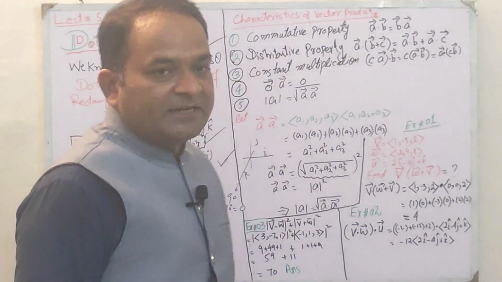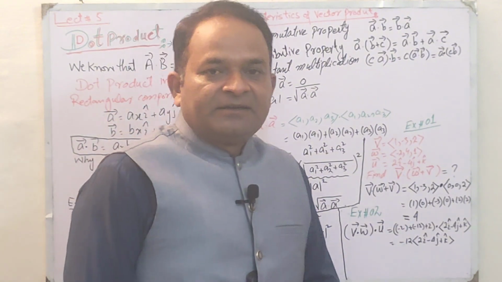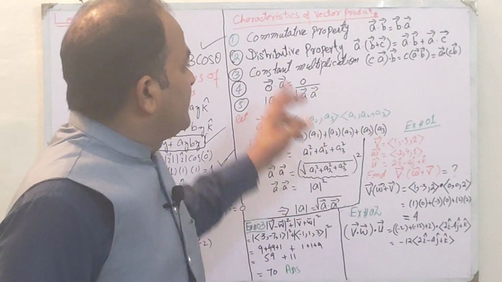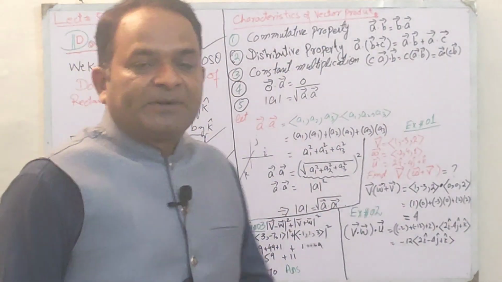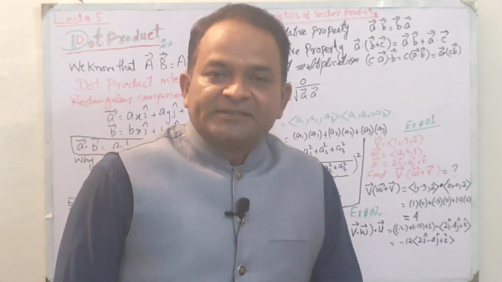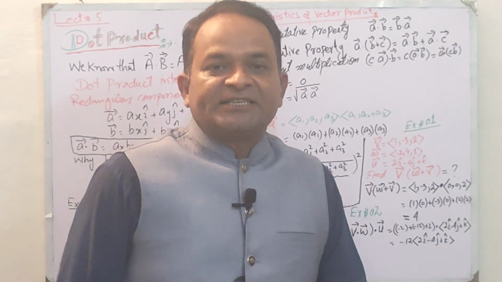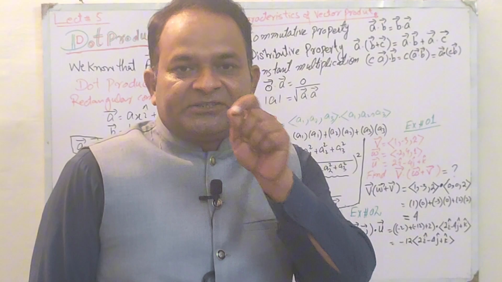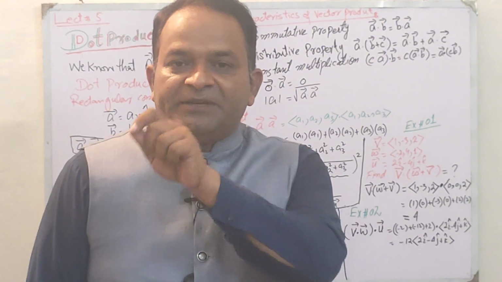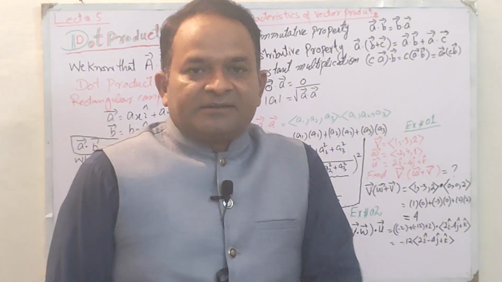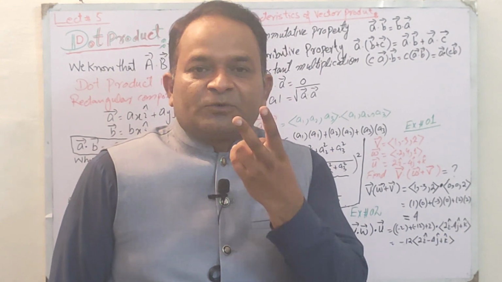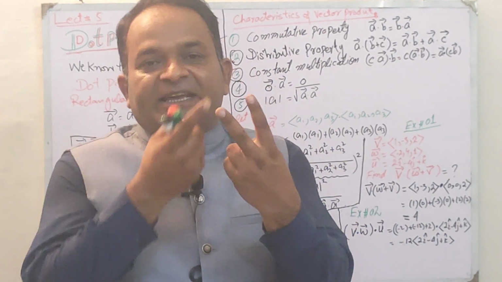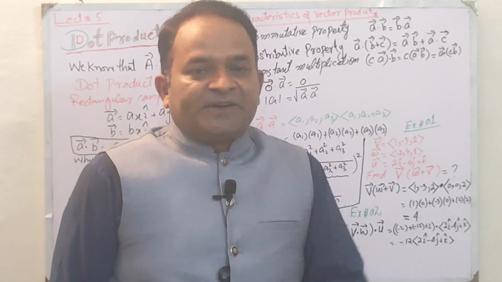Next, there are some characteristics, properties of a dot product. The dot product has the commutative property. What is the commutative property? A vector dot b vector must be equal to b vector dot a vector. If you are taking the dot product, you can replace a with b and b with a, so there is no difference.